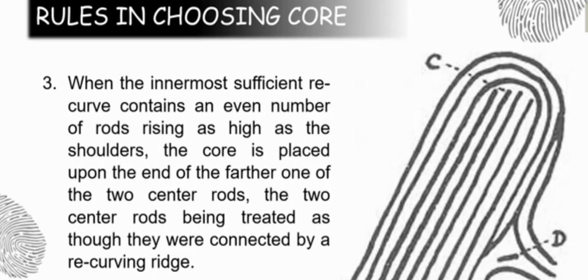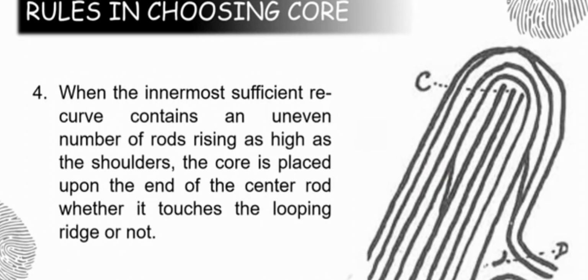In rule number 3, when the innermost sufficient recurve contains an even number of rods rising as high as the shoulder, the core is placed upon the end of the farther one of the two center rods, the two center rods being treated as though they were connected by a recurving ridge.